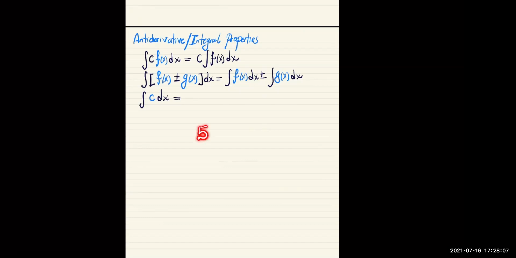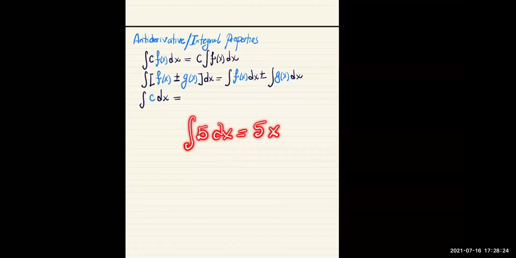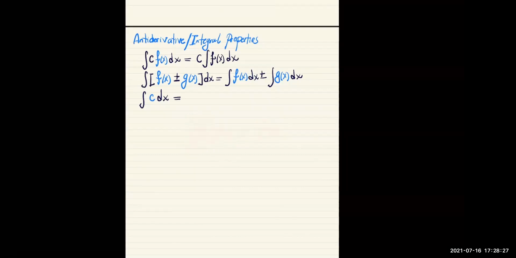I ask myself, the derivative of what gives me 5? Anybody? 5x. Yeah, 5x plus c. 5x, because the derivative of 5x gives me just 5. Therefore, the derivative of c with respect to x is just c.